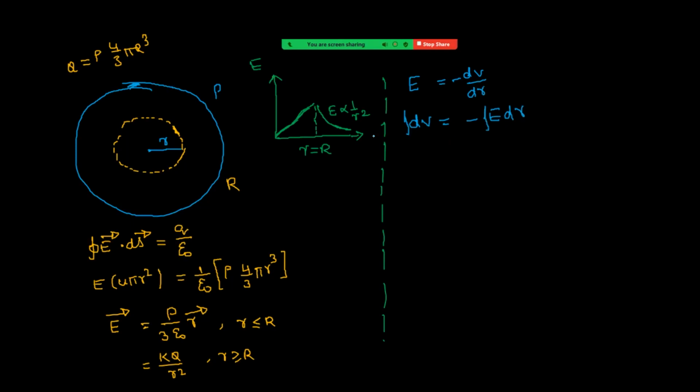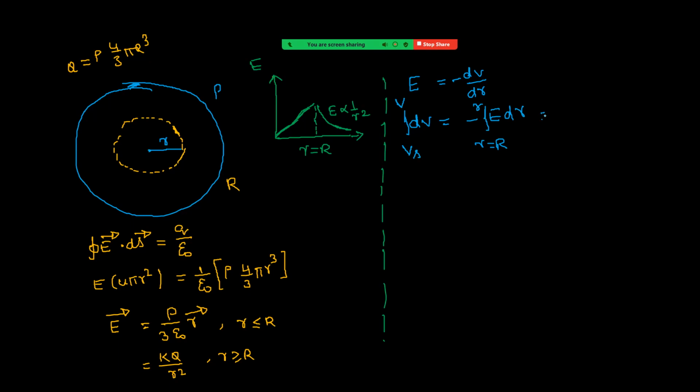See here limits. We want to calculate at a distance r from the center. Let us say on the surface the potential is Vs, that means R equal to capital R. We want to calculate at a distance r, so the upper limit is r.